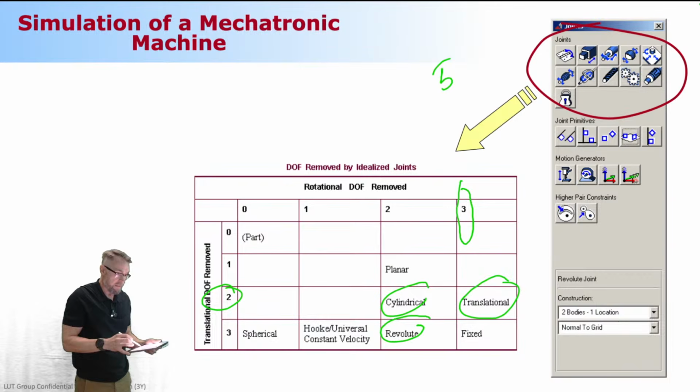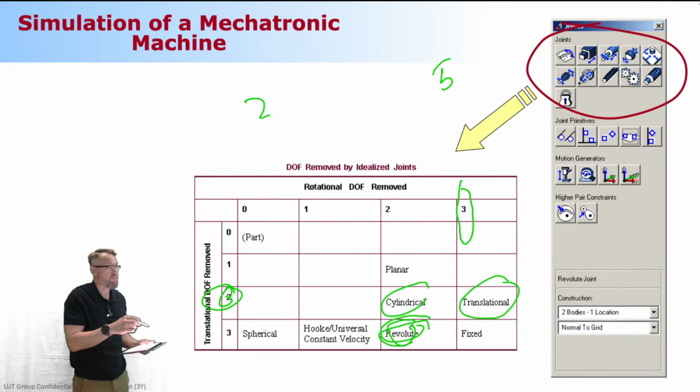And then the revolute is going to constrain 2 rotational motions and 2 translational motions, so it's going to be 4. And then it's going to be 5, like a translational joint, and so on.